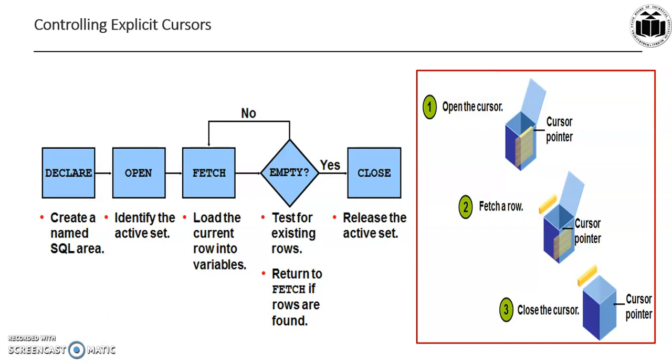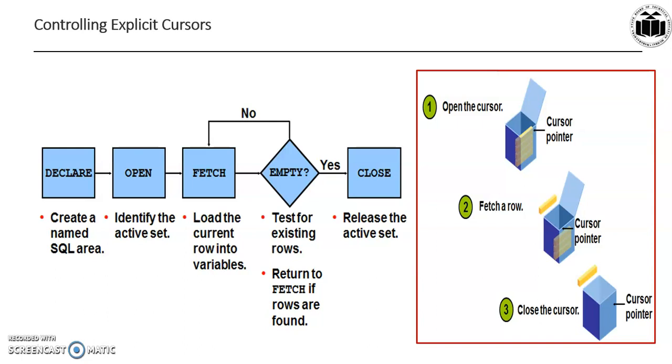The very first step is that the user has to declare the cursor in the declare section. First of all, he has to create a named SQL area. The Oracle server or database server uses a memory area to execute SQL statements, that is the Oracle private SQL area. The user can access that area and you can name it.